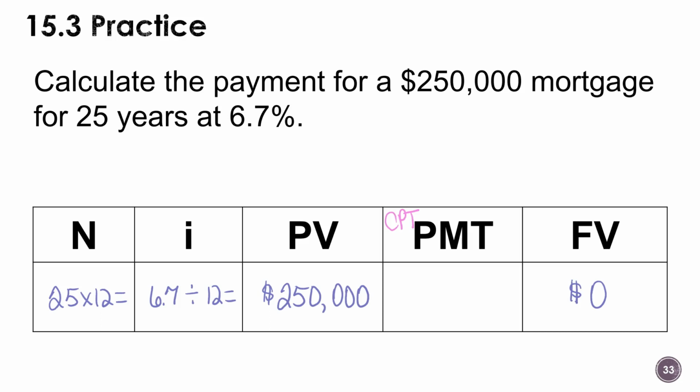Please pause so that you can make sure that you are putting everything in here correctly. Your payment has to match mine for us to use the TVM keys and get the same answers anyway. All right. This is the part we computed right there. Okay. So now we're going to go talk about some different types of things to look at and number of payments.